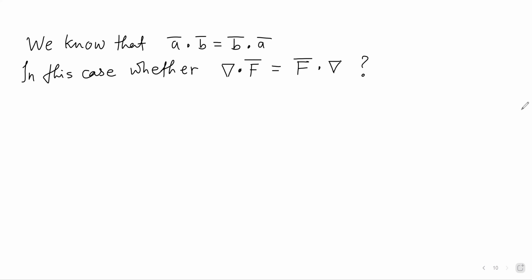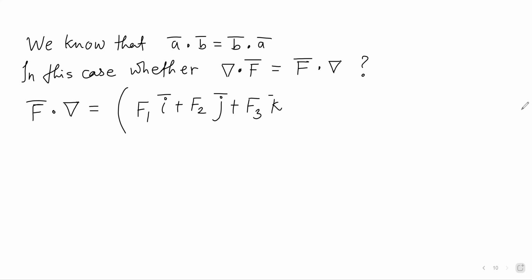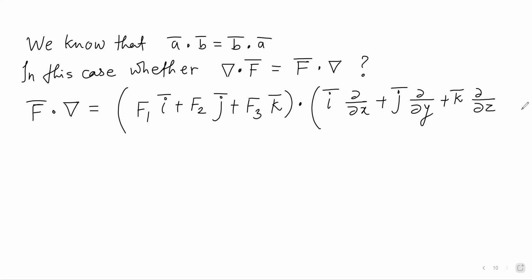That I have to check. So we now take f bar dot del. F bar is f1 i bar plus f2 j bar plus f3 k bar, dot, what is del? i bar times dou by dou x plus j bar times dou by dou y plus k bar times dou by dou z.